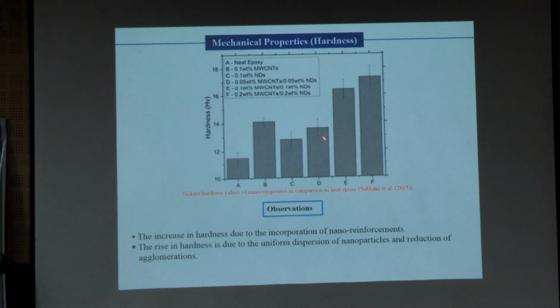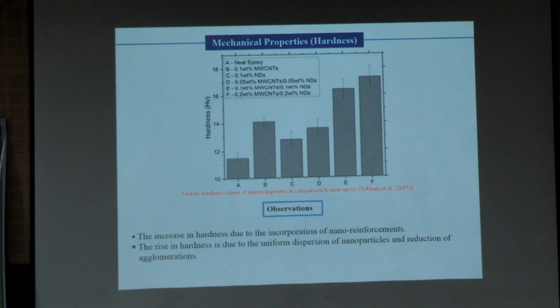So if you see the hardness, right, the hardness values are like this. So here the hardness is high. You may think that the hardness here is good and the hardness here is less, but why are we getting more hardness here? That is because of the synergetic effect between the particles and the matrix.